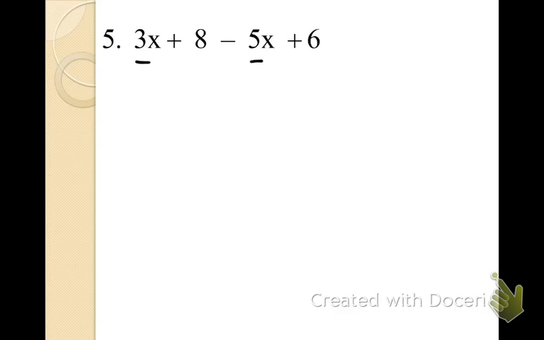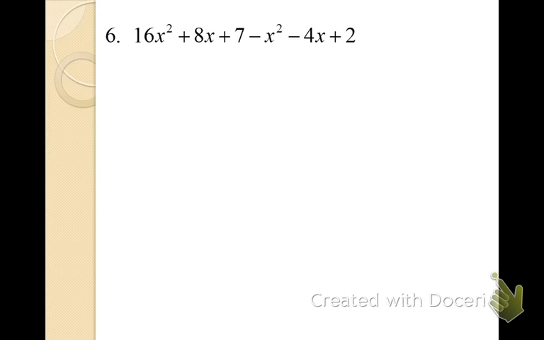We're just going to use the numbers. 3 plus negative 5 is negative 2, so it's negative 2x. And then we can combine these guys. 8 plus 6, 14. Okay? Does that make sense?